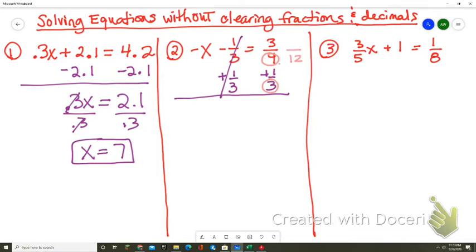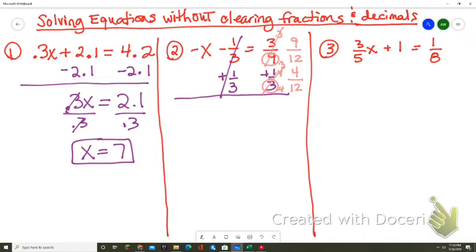So I'd take 4 times 3 to get 12, which means I have to take 3 times 3 to get 9. So 3/4 turns into 9/12. To get a 12 with 1/3, I'm going to have to multiply the bottom by 4, so I need to multiply the top by 4. So 1/3 is equivalent to 4/12.